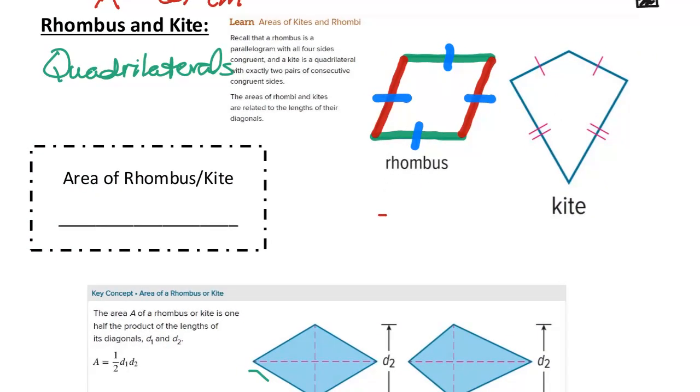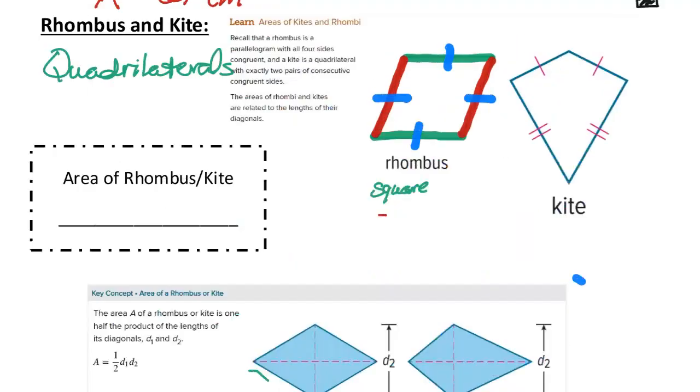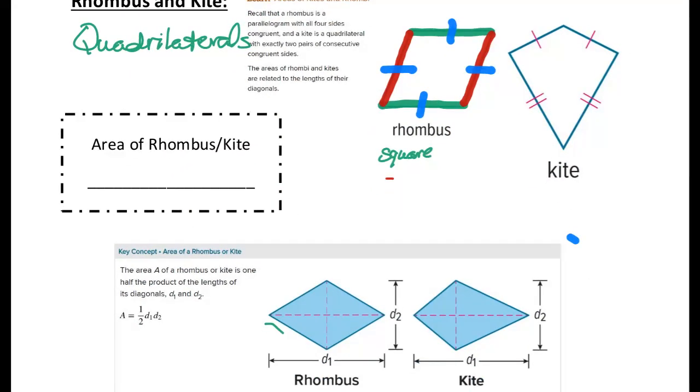So a rhombus is like a square, because all the sides are the same, that has been pushed over. Where a parallelogram is like a rectangle that's been pushed over and slanted, a rhombus is like a square that is slanted. All sides are the same length.